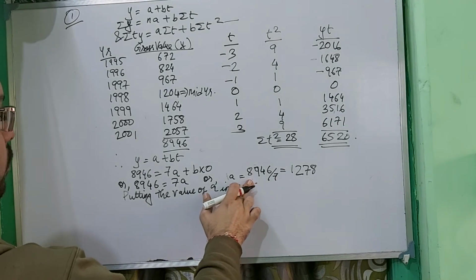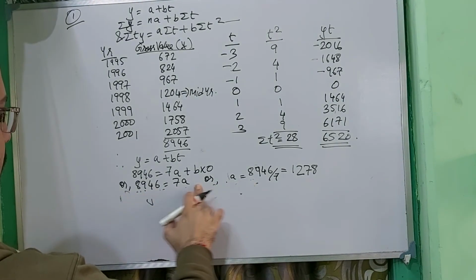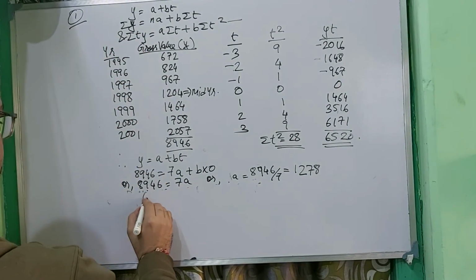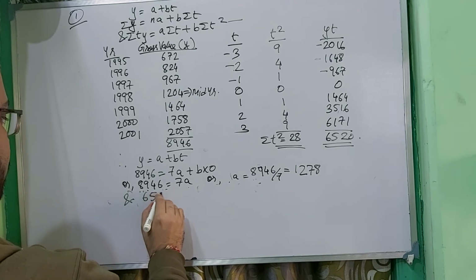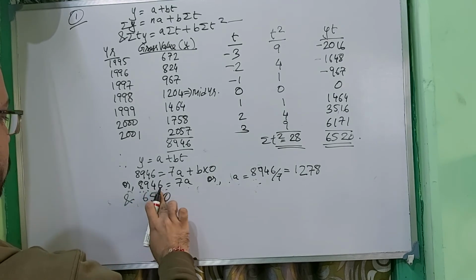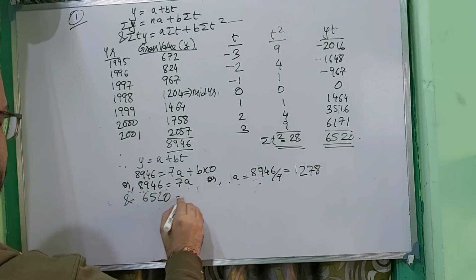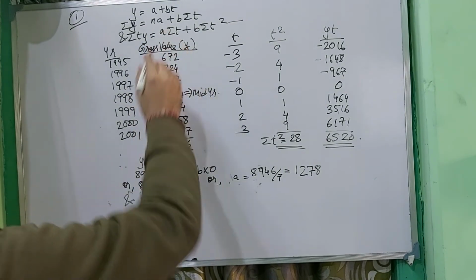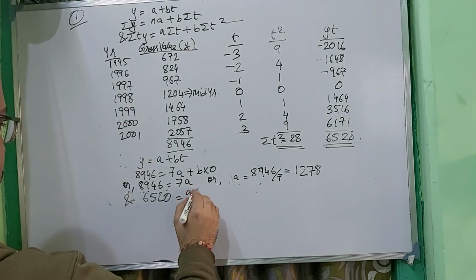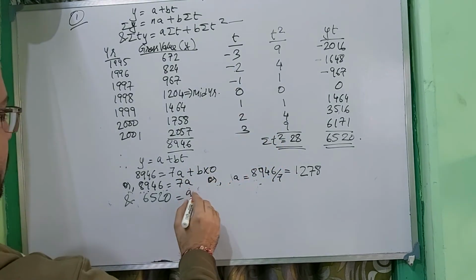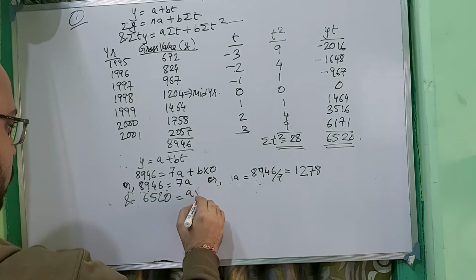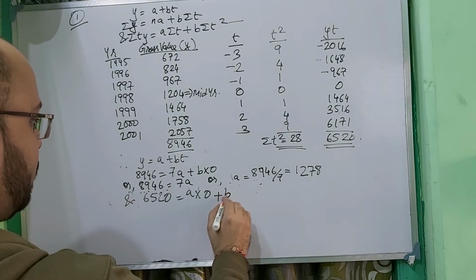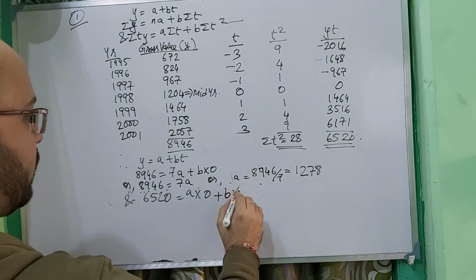So first of all we have calculated a, now we calculate b. Σyt is coming 6520. 6520 is equal to aΣt, and Σt is nothing, so a into 0, plus bΣt square, which is coming 28.